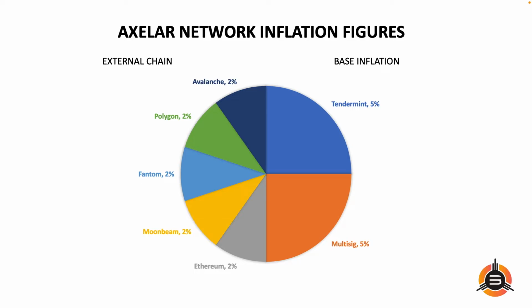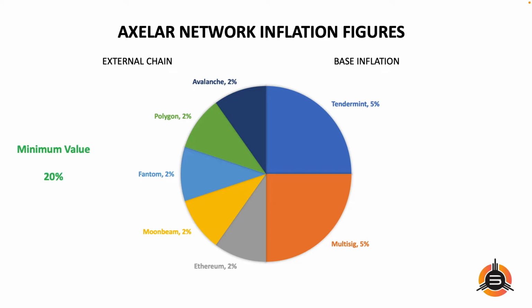And as an introduction, to get the ball rolling, there is a 2% inflation, or 2% rewards, allocated to each of these chains. The validators who are validating on these external chains will get a share of the rewards based on their share. So these are all the major criteria that we have with respect to inflation.